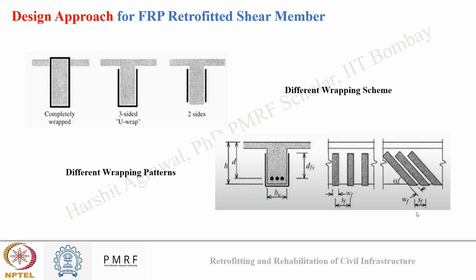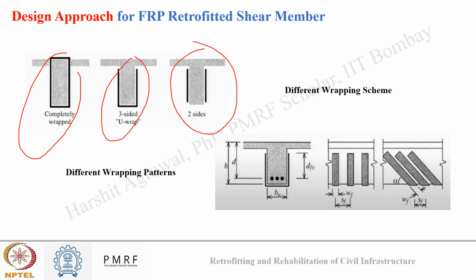So let's now look at the design approach for an FRP retrofitted shear member. We know that for shear strengthening, FRP is wrapped around the member in three ways: either completely, as a three-sided U wrap, or as a two-sided wrap.